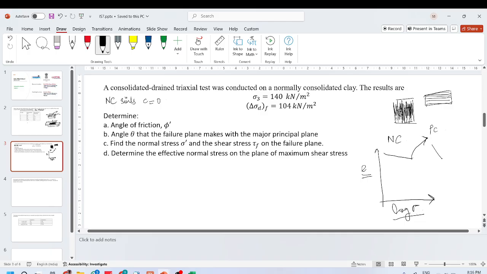Now, beyond this, this is new territory for the soil. If you load the soil beyond it, you will see that it shows a higher tendency for volume change. It suddenly becomes less stiff.